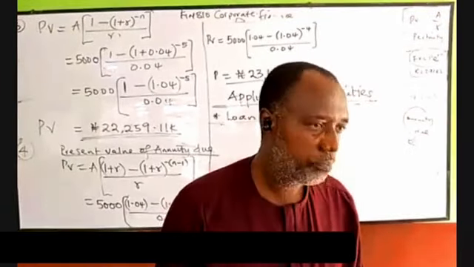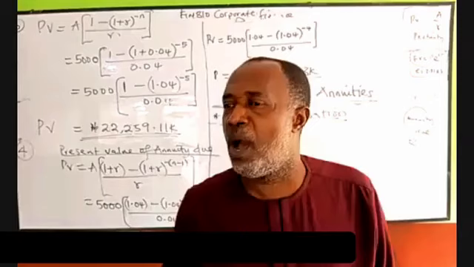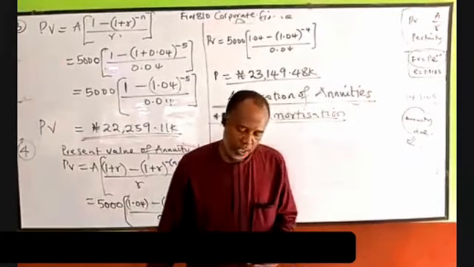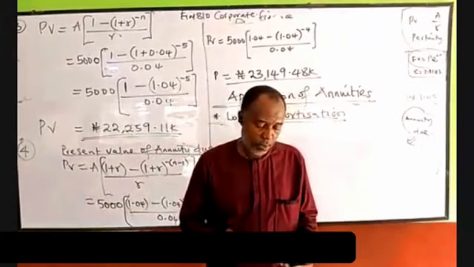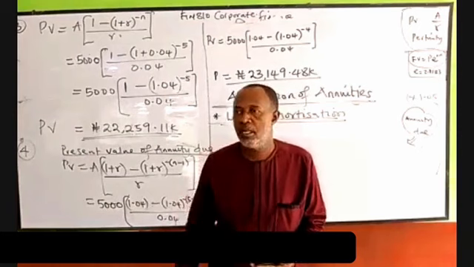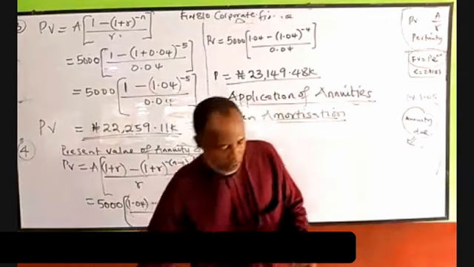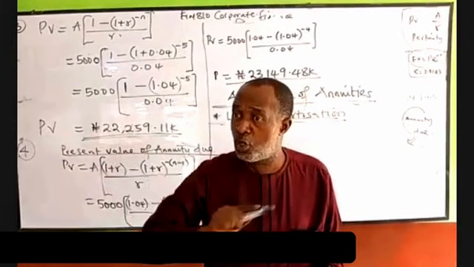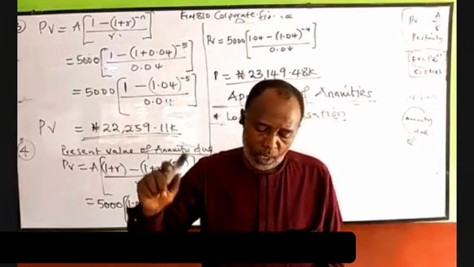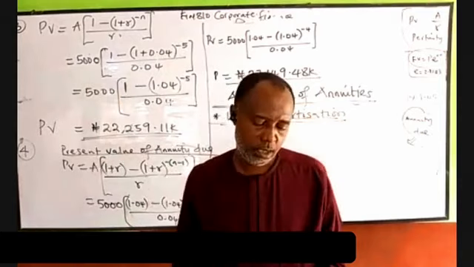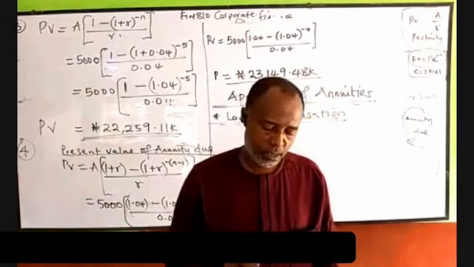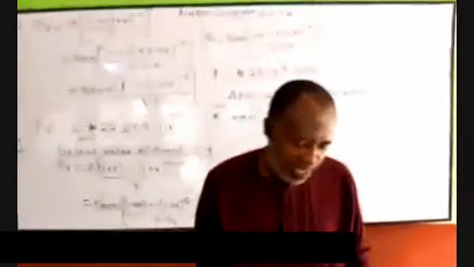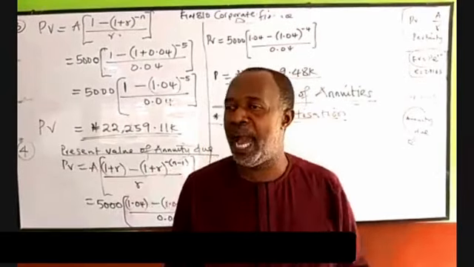If an amount is loaned and then repaid in installments, we say that the loan is amortized.